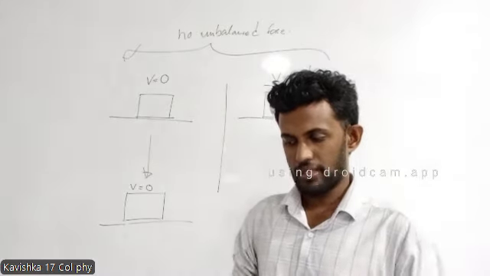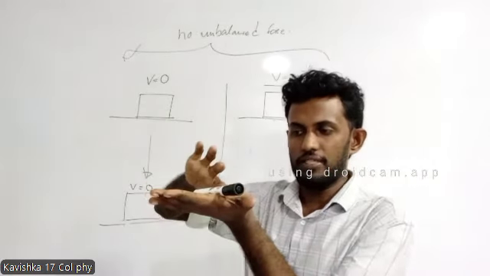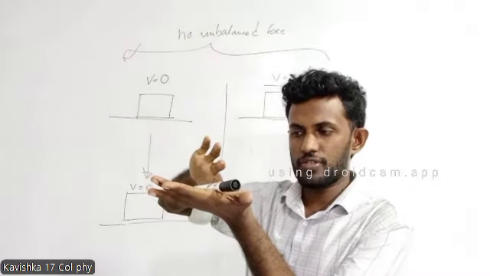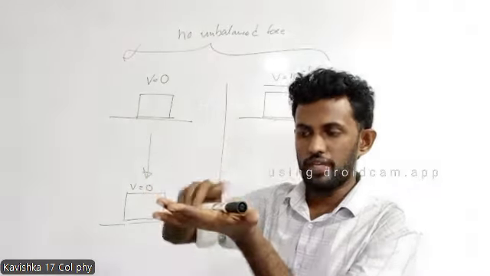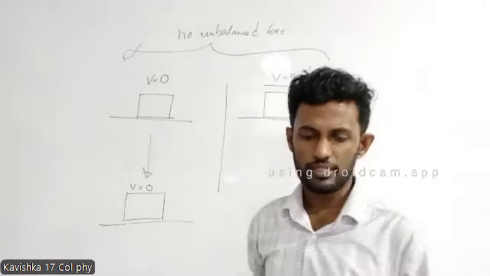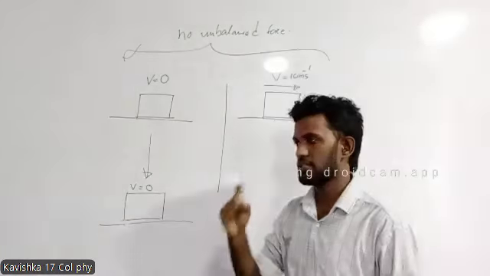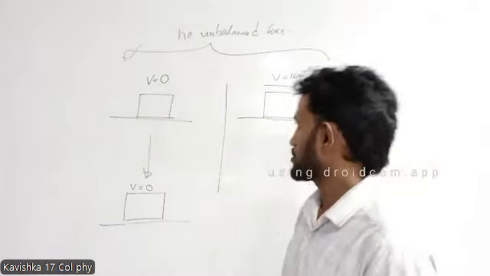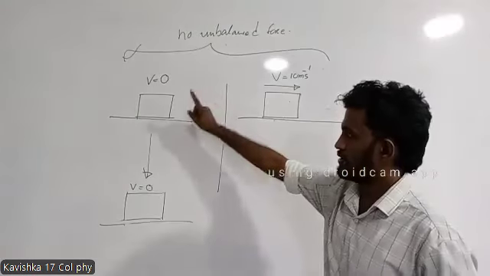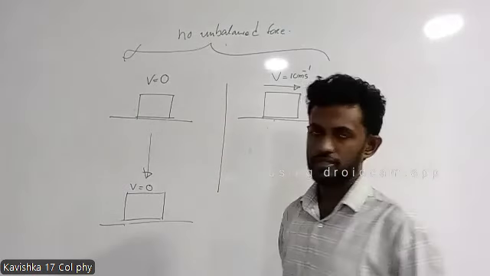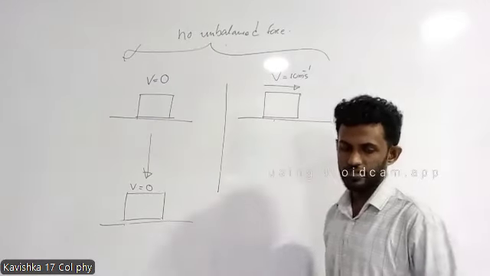If I just touch the object and give some force, it doesn't move because I'm not applying an unbalanced force, it's just a balanced force. So if there is no unbalanced force, resting objects remain at rest.